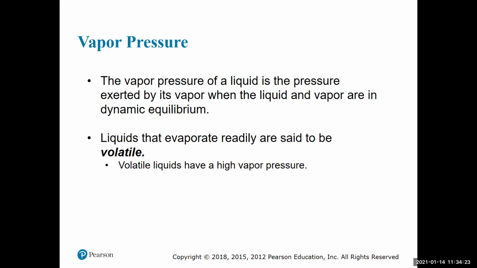So volatility is directly related to vapor pressure, and all of this has to do with those interactions, those intermolecular forces within the material. If it's really strong, it's not going to have a high vapor pressure. It's going to want to stay together.